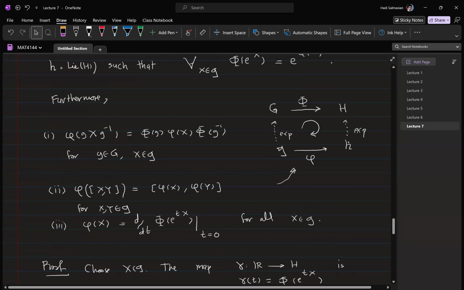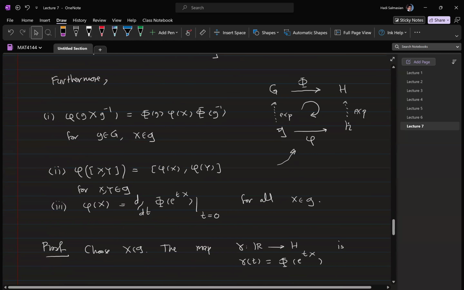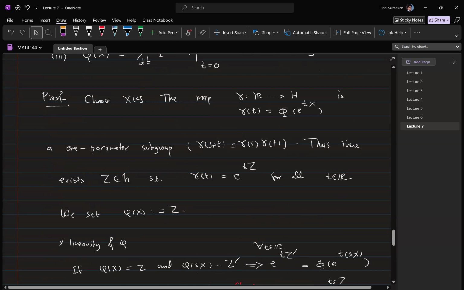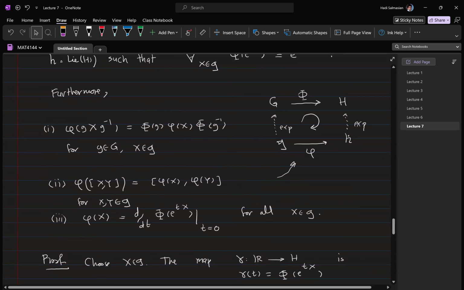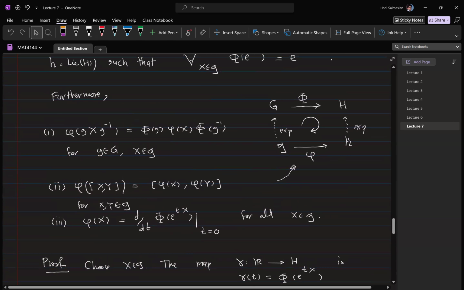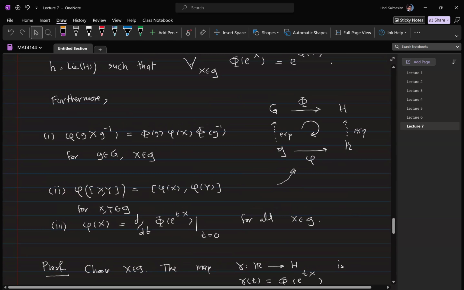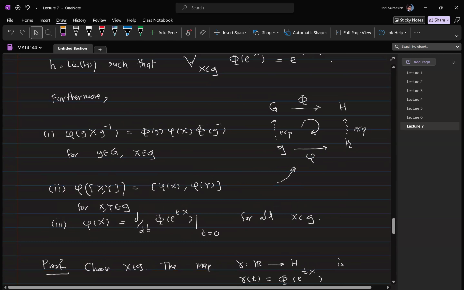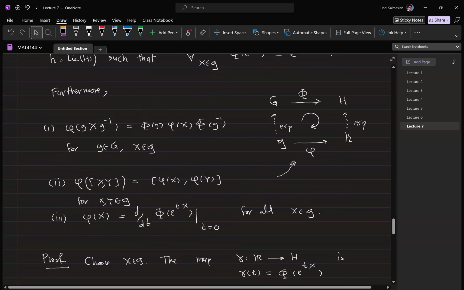Which one is left? So we verified linearity. Did we verify conjugation invariance? Not yet. So one is left, right? Is this the page that I'm looking at? Okay.